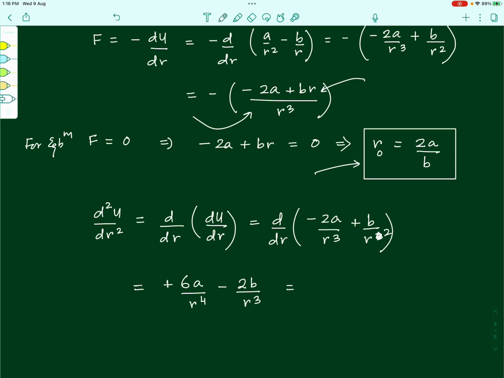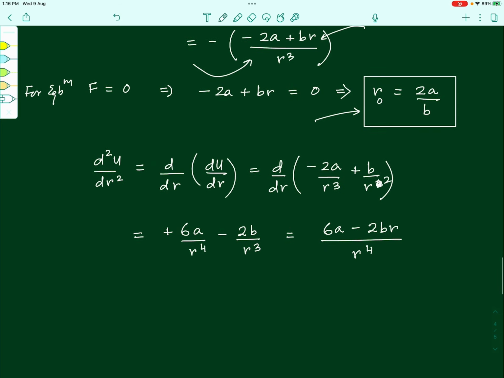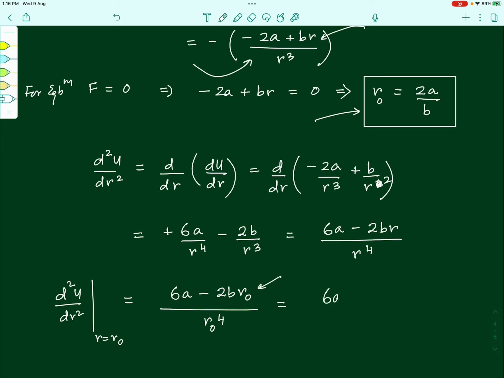We can simplify this a little bit to get 6A minus 2BR divided by R raised to the power 4. And now we can find the value of this function d2U by dR squared at R equal to R naught, at the equilibrium state. So, we get 6A minus 2B R naught divided by R naught raised to the power 4. Substitute the value of R naught at the top to get 6A minus 2B into what is R naught?